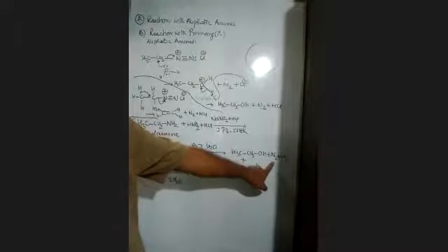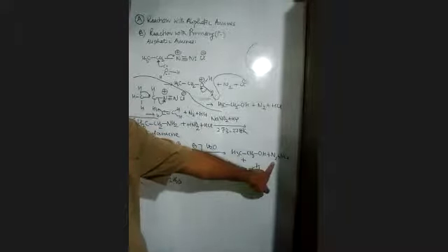The bubbles of nitrogen gas evolved, that you can see clearly with your eyes. So here you can write below that evolution of nitrogen gas in the form of bubbles.